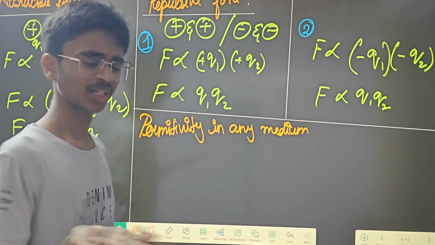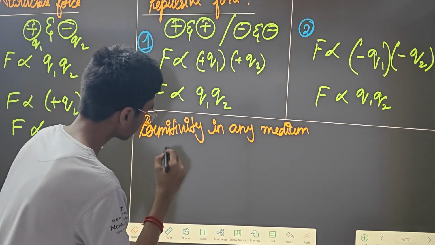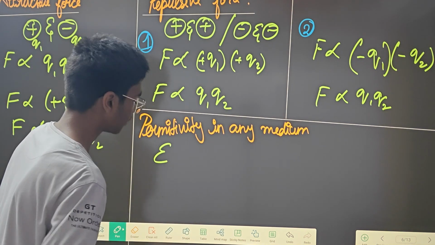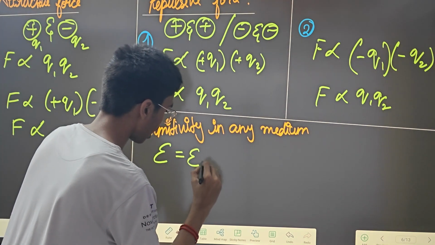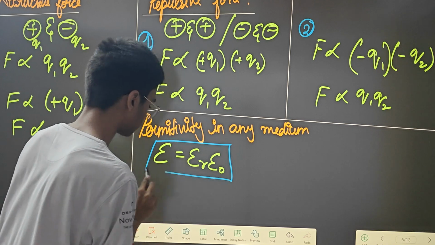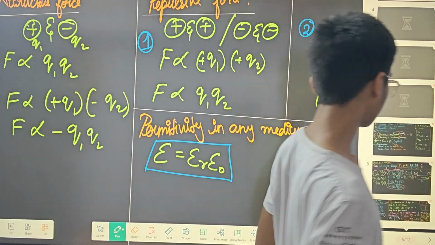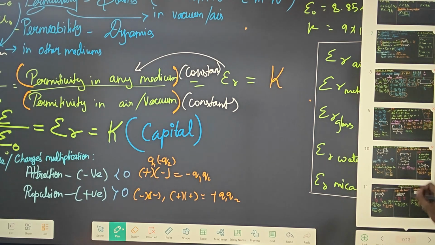So what is it going to be? Permittivity in any medium is represented by epsilon is equal to epsilon r into epsilon naught. So this is what the formula is. From this formula only I have taken it. So exactly that is what I'm going to do here.